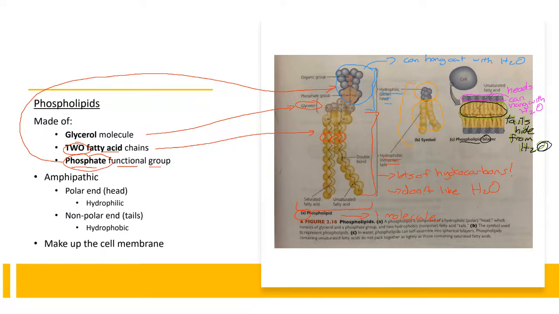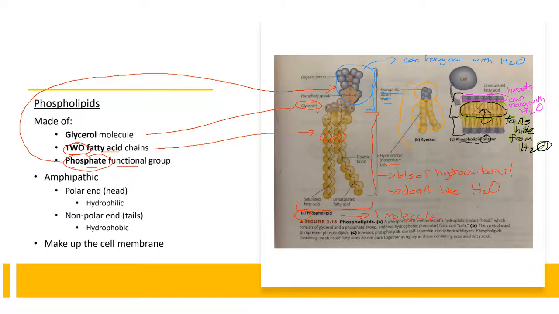Why bi? Here's one layer. Here is another layer. The hydrophobic tails can hang with each other. No big deal. They like each other. But now the hydrophilic heads can actually face an environment full of water.